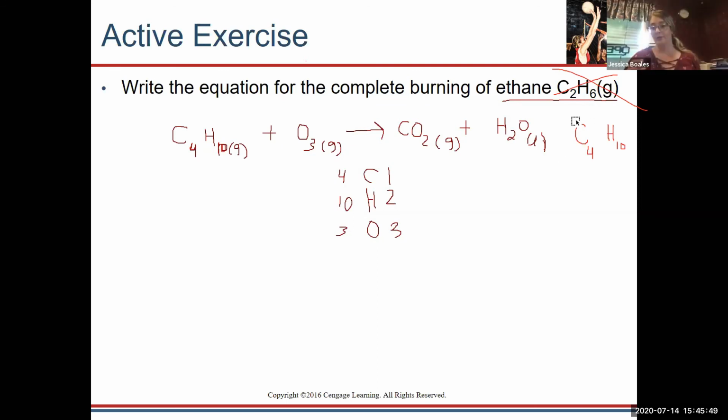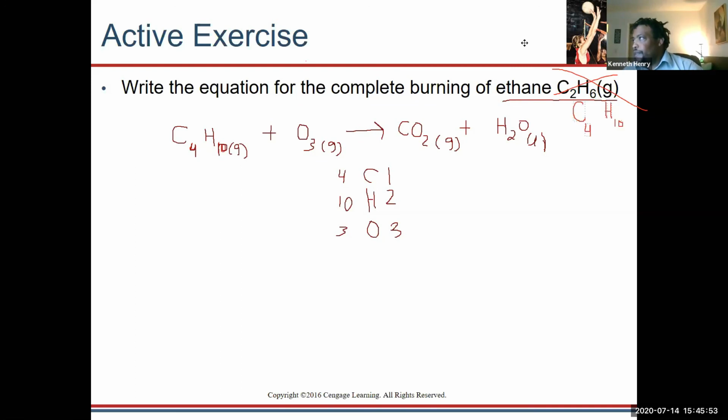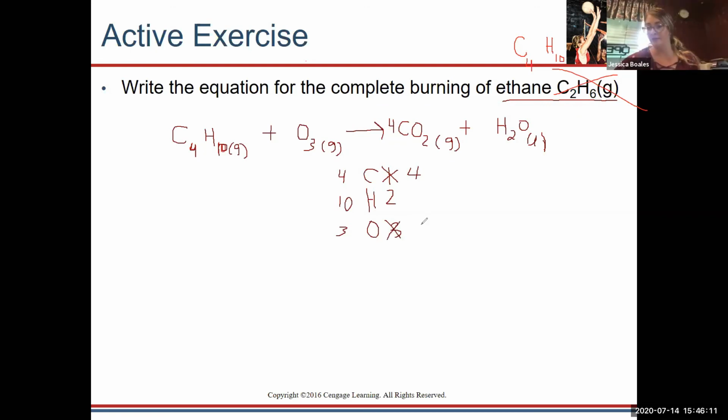Put a 4 in front of CO2. Okay. How many oxygens do we have now? 8.